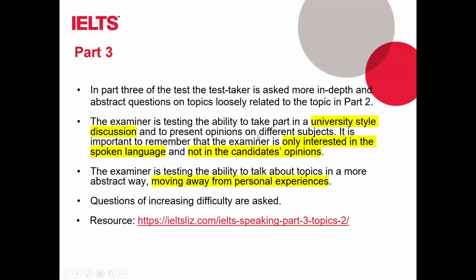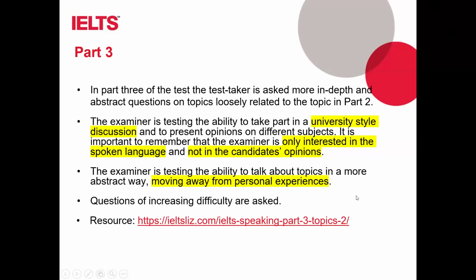Let's start with the introduction. As we also had an overview of part 3 on the first day of this week, let's rewind that so that it will be helpful later. In part 3 of the speaking module, the examiner asks us questions related to part 2.